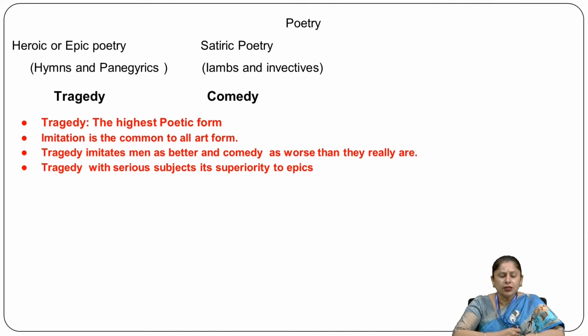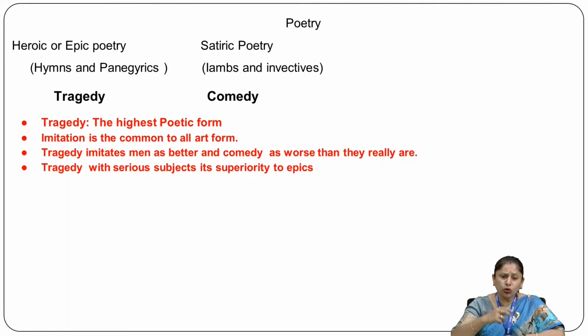Here we are putting much more stress on tragedy only, so you should remember that Aristotle's Poetics deals with tragedy. Comedy is just mentioned here to show the differentiation between tragedy and comedy. That's why we mention comedy here.